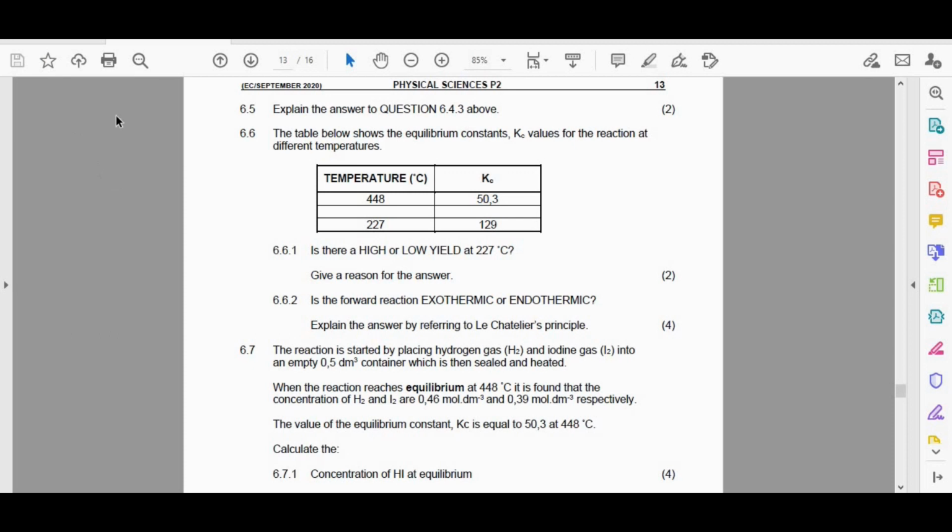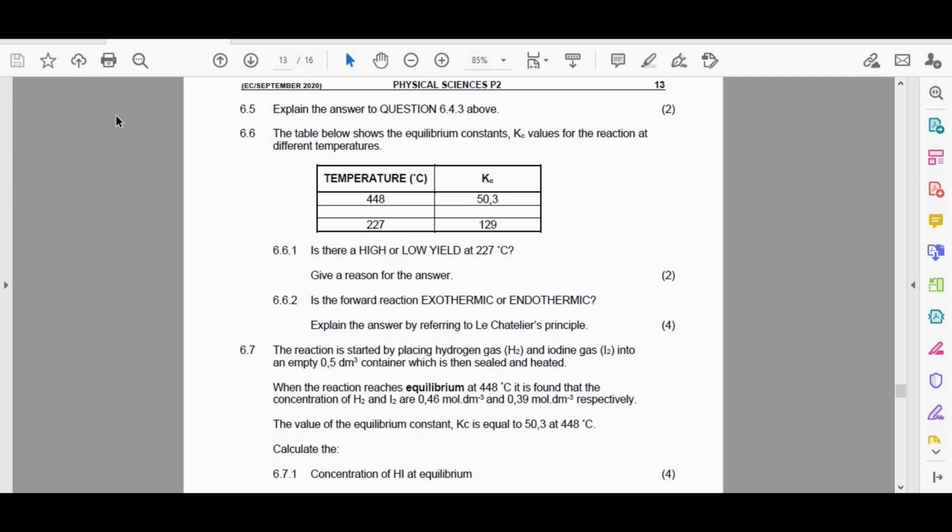Alright, for 6.6, they say the table shows the equilibrium constants, Kc values, for the reaction at different temperatures. So at 448 degrees, the equilibrium constant there is 50.3, a little blank one there, and then at 227 degrees Celsius, we got a higher Kc value.